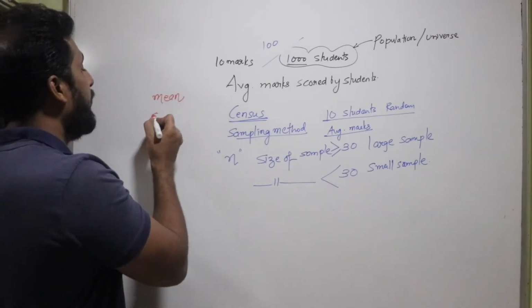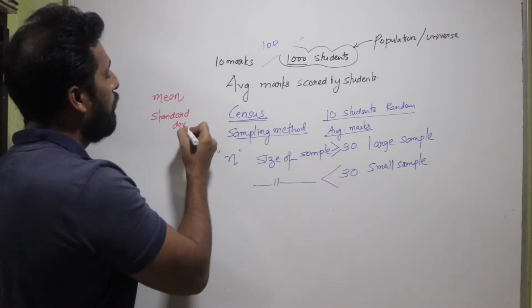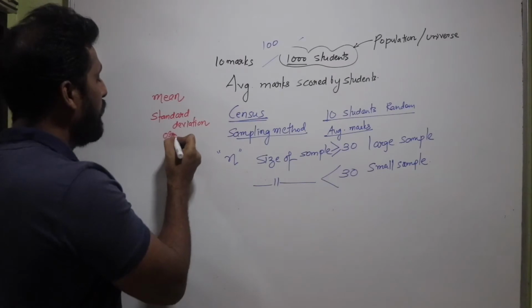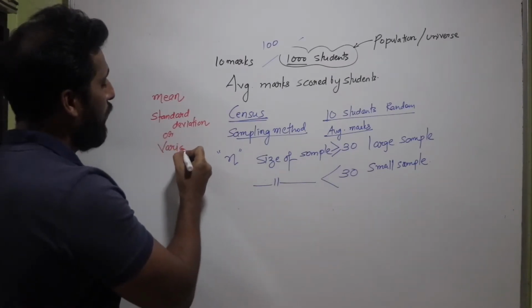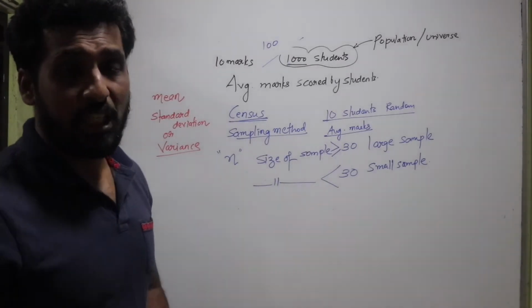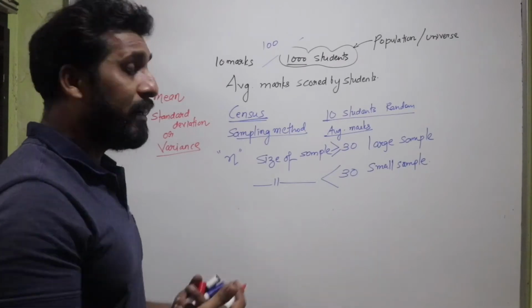So besides the mean, there can be something called the standard deviation, isn't it? You must have heard these words in your lower standards, standard deviation, or we sometimes also call it variance, V(x), and so on. There is range, there is quartile deviation, and plenty of statistical characteristics are available.